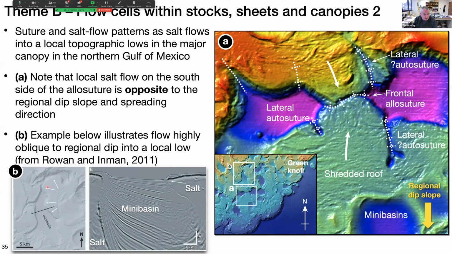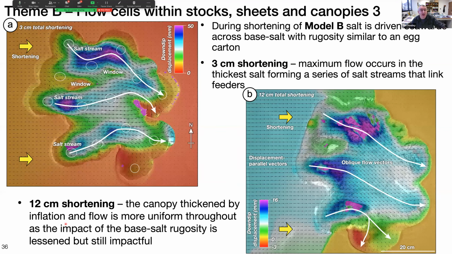This is a seismic example here, which shows once more that our flow here is strongly oblique to our regional dip slope.